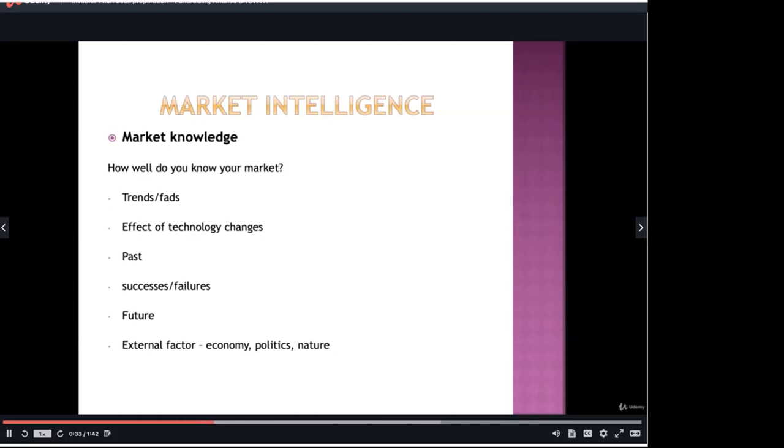For example, do you know why companies in the sector failed or did not grow? What are the main successes and failures? What does the future look like for the market? What are the external and uncontrollable factors? Example, economics, politics, regulation, nature.